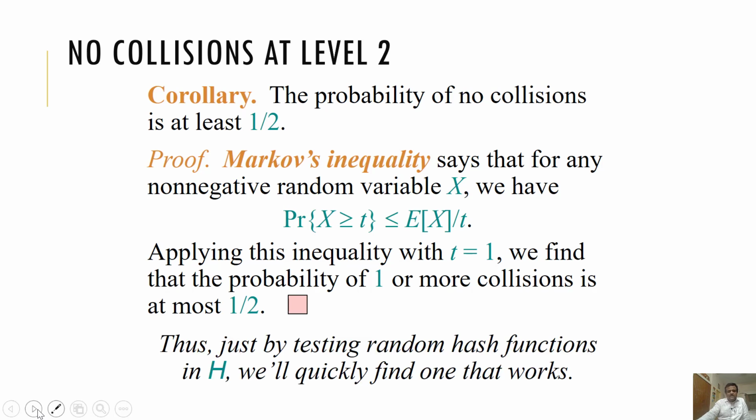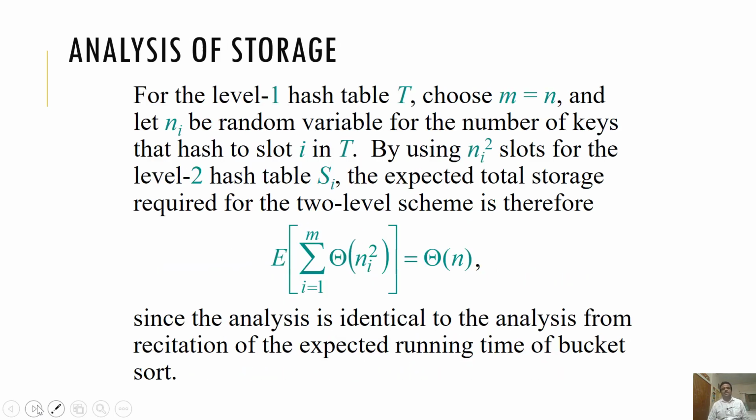Now, we have to discuss the storage complexity, because we are taking n_i squared as the second level storage. Intuitively we may think that we are taking huge storage, but no. We can analyze that. The total storage is, at the first level, m which is order of n, plus the summation of n_i squared, and this expected value we can show is order of n.